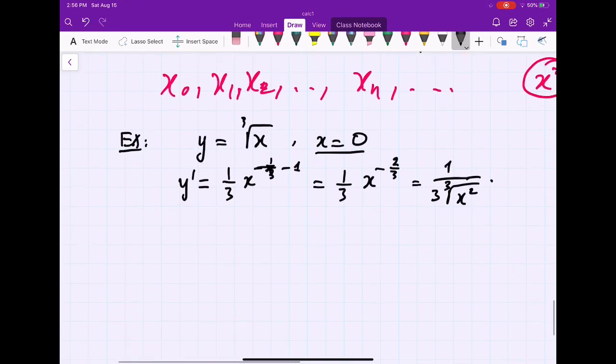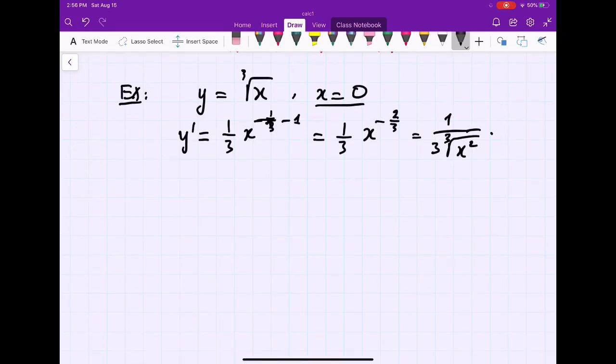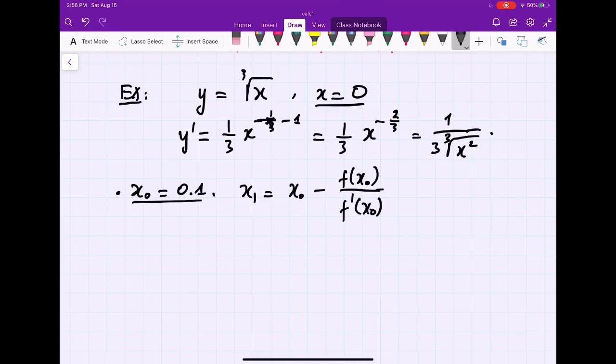So in that case, if you apply Newton's method, you have the following. I may use, for example, x0 is 0.1. Okay, then you have x1. x1 is what? x1 is x0 minus f of x0 divided by f derivative of x0, right?